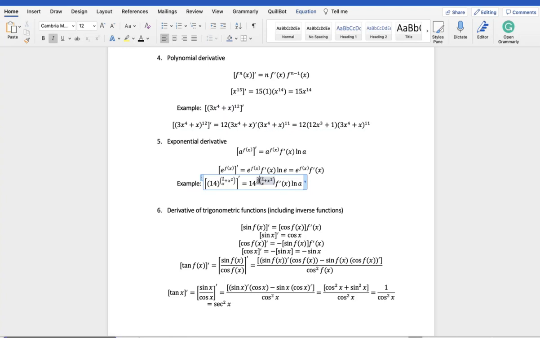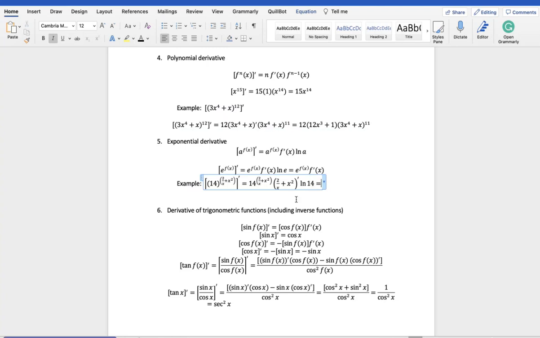The derivative of f(x) is just (2/x + x squared) prime, right? Derivative of that, multiplied by ln of a, which is just ln of 14.